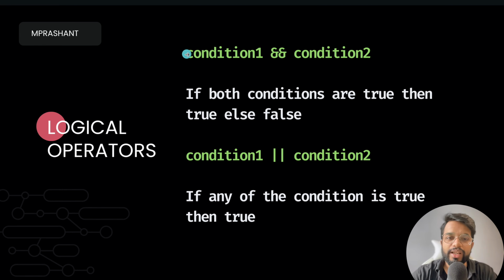Means if both the conditions are true, then only perform the action, else skip it. And if we talk about the OR operator, condition 1 or condition 2, it means if any of the conditions is true, then it will be true. Either this condition is true or this condition is true. If any one condition is true, then perform the action. Let's see the live example and understand better.